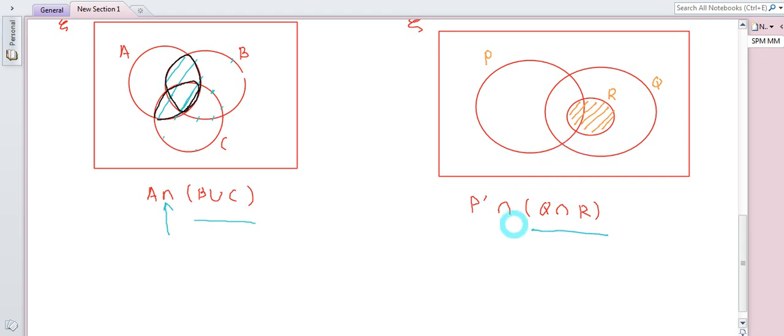Okay, so go back to this. See this symbol again. The region you have shaded just now must be outside of P. Why outside? Because P complement. Inside P we don't want. So here actually we don't want. So this will be the final answer. Okay, it's actually not that hard, right?